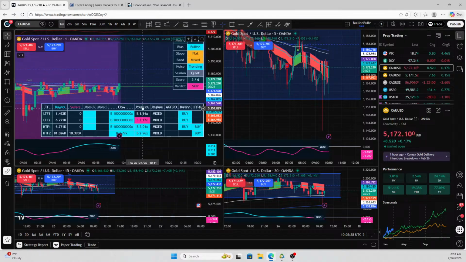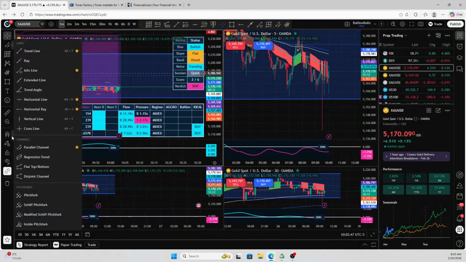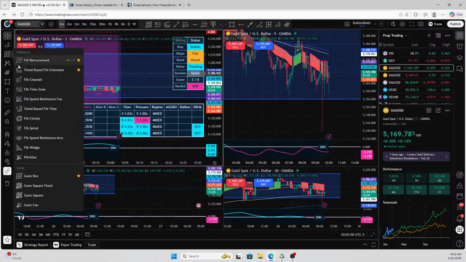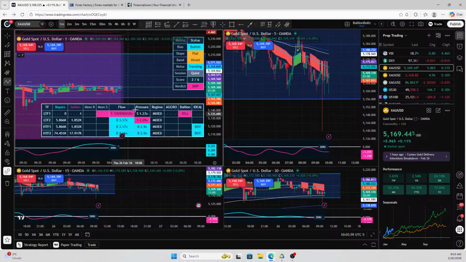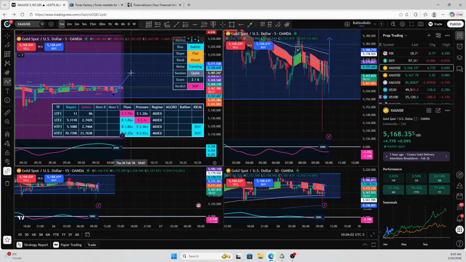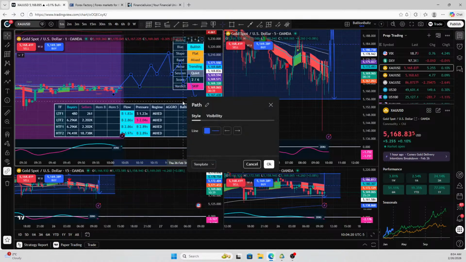Here what we are looking for is price to make a move here and then just reverse, something like this. Yeah, something like this, and then something like this, basically.